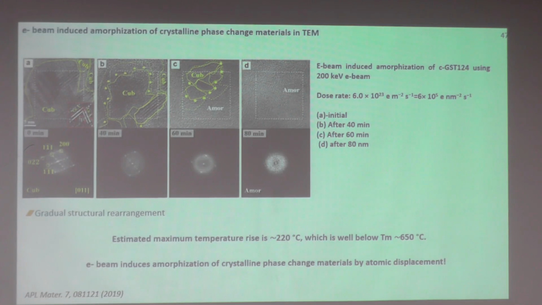Again, we know that if we can induce large enough distortions to the system, we can go from the crystalline to the amorphous state. And maybe this is a nice example of this process, of the theoretical results from the lecture yesterday.